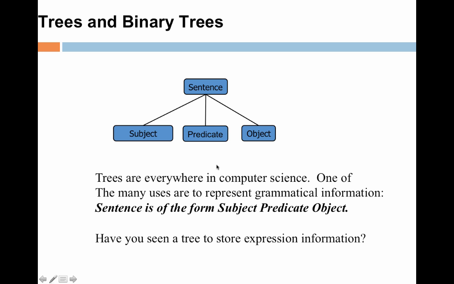This is a very simple example, and you can see that this pictorial representation that represents the rules associated with a sentence is intuitively appealing. This picture in essence tells you that every sentence has a subject, a predicate, and an object.